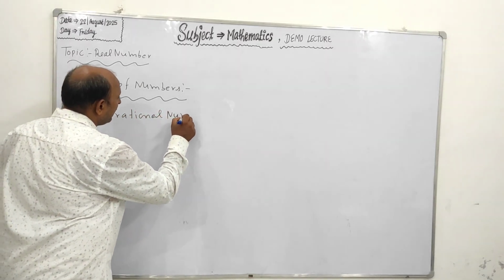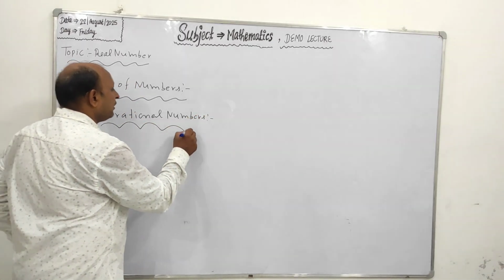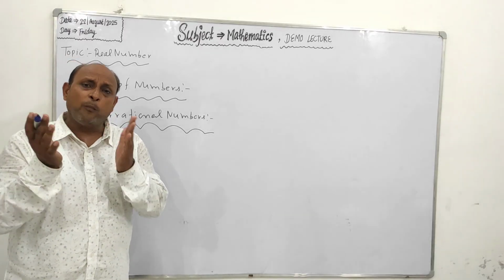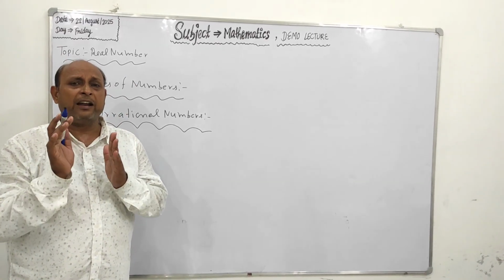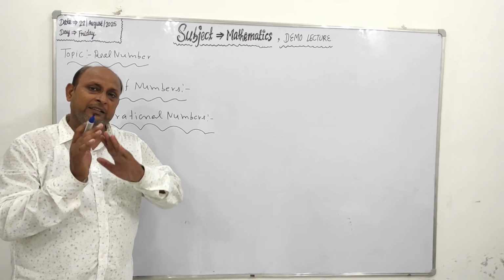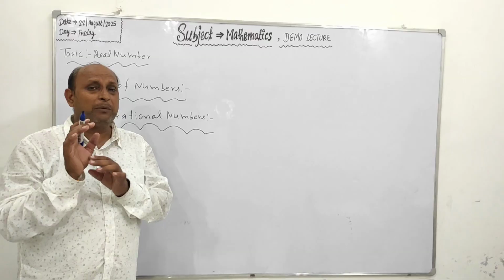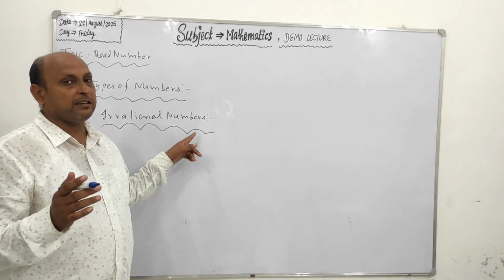In fact, irrational numbers are just opposite of rational numbers. We can divide all the numbers into categories: rational plus irrational. Those numbers which are not rational numbers will be irrational.